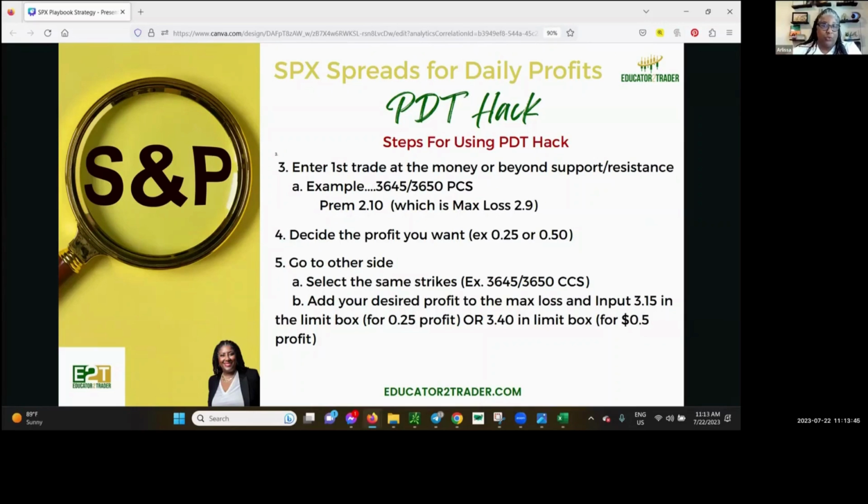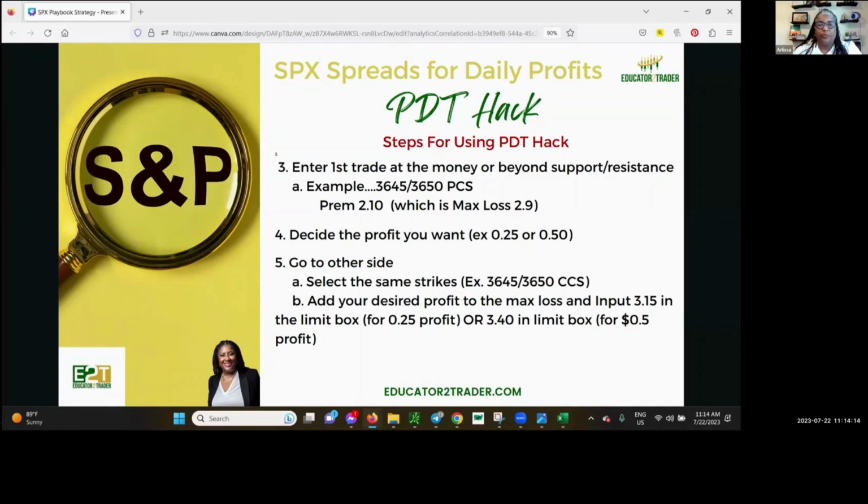It sometimes gives you a greater opportunity for your PDT hack to pick up, because you don't have to go as far to get to the premiums you want. But that's a little bit more risky because if the price turns around on you quicker, then you've got to manage that, right? So again, it's personal trader preference. You can do at the money, or below support or above resistance, depending on where you are.